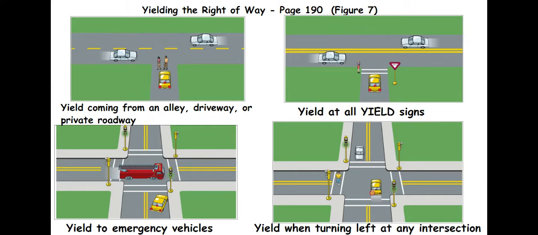The ones at the bottom show you examples of always yielding to emergency vehicles, even though you may have the green light. And the one on the bottom right is saying that even though you have your green light, if your intention is to make a left turn, left turn traffic always yields to approaching oncoming traffic, and you're always yielding to pedestrians.